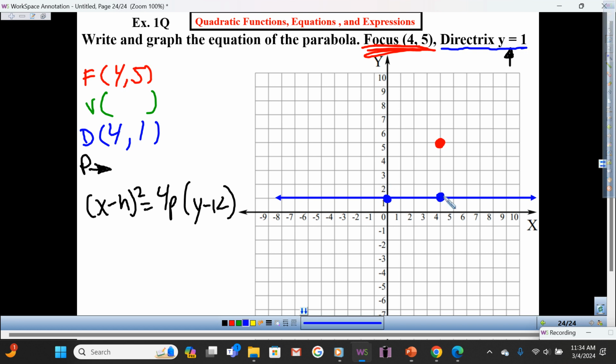That's 4, 1. So with that said, now that we have these points aligned, tell your neighbor the vertex. Where am I going to place the vertex? Tell your neighbor, and then Jacob squared is going to pass it to someone. Tell your neighbor the vertex.